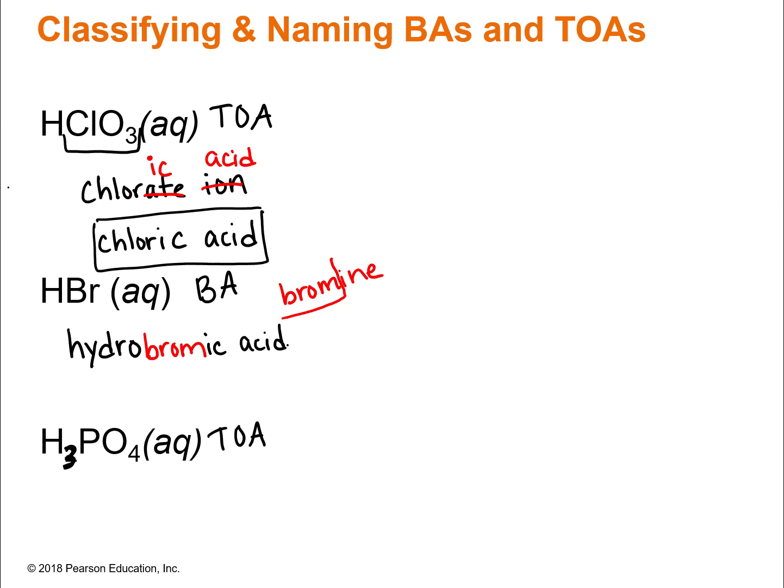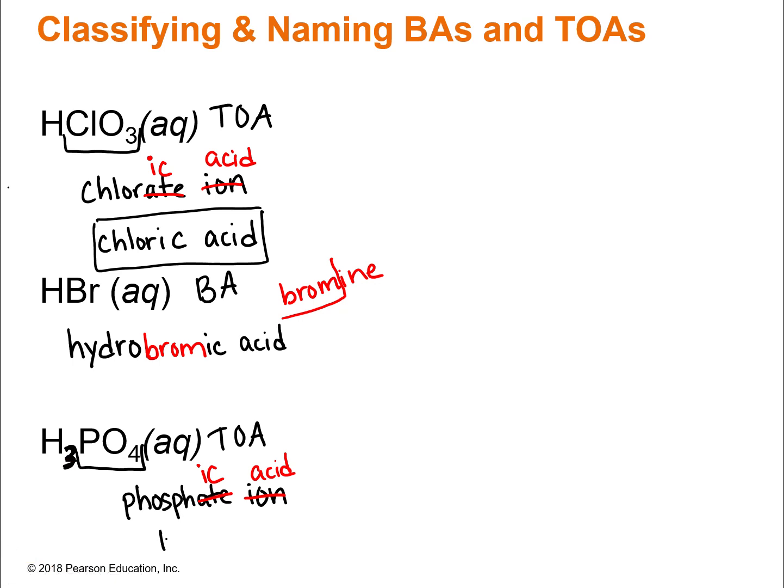Now this last one, a little bit of a curveball. Here we go. The ion is the phosphate ion. PO4 3-, that's the phosphate ion. Normally what we would do is get rid of the ATE, replace it with IC, ion, that's acid.